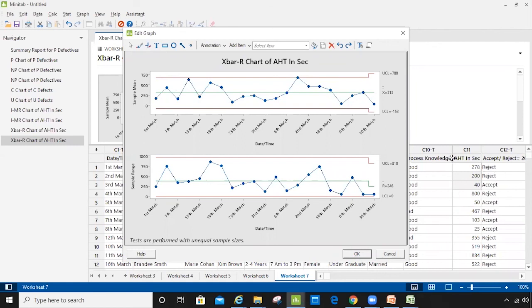If I take the mean of the first 3 data points, 278, 240, it would come out to be 173. In the sample range, we have taken the range of the first 3 data points, which is 278 minus 40, which is 238.